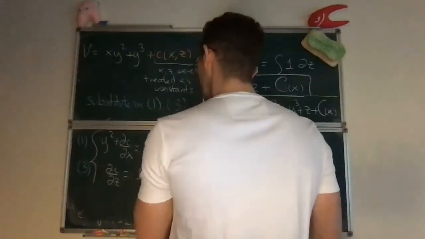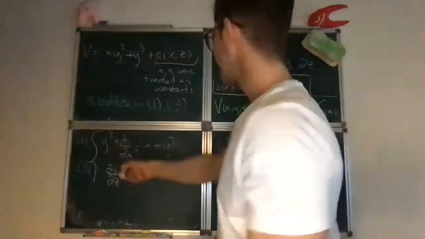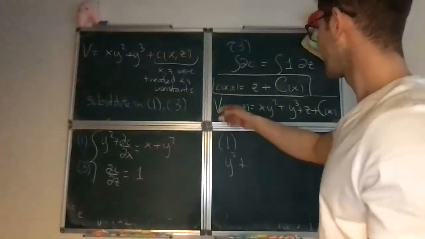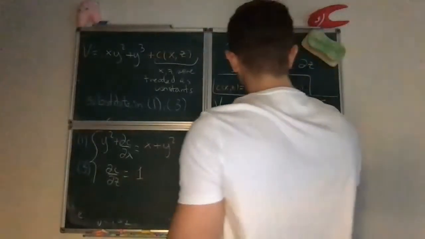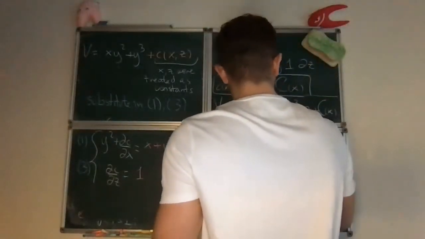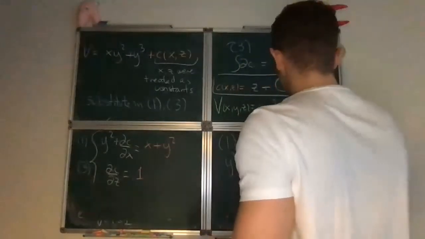So equation 1 said that y squared plus the partial of z with respect to x. But the partial of z with respect to x, well, this one goes away, and you just get dc dx. And that has to be x plus y squared.